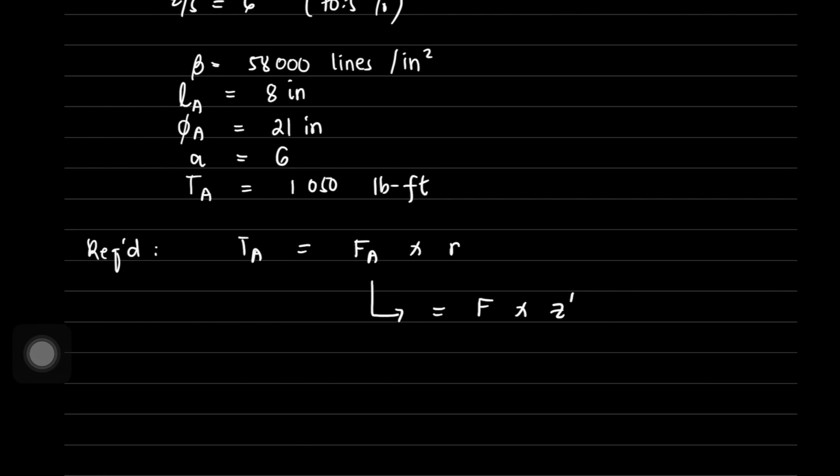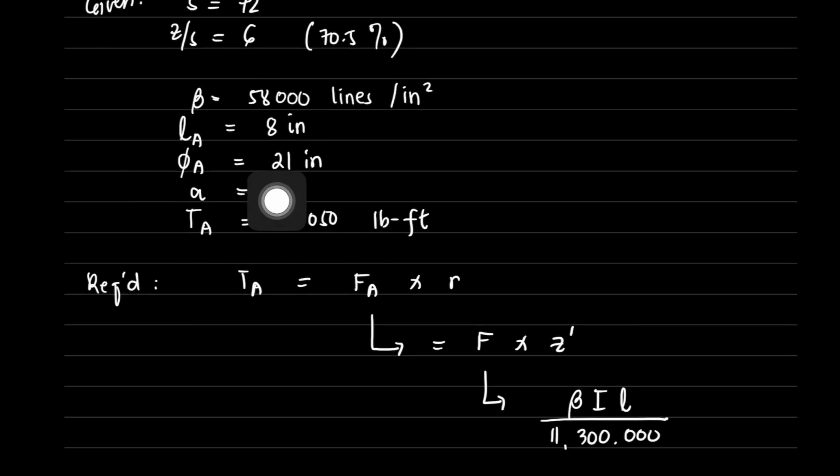And we can solve for the force exerted by each conductor using the formula: flux density multiplied by the current in the conductor times the length of each conductor, all over 11,300,000, because the units of the given parameters are in the English system.